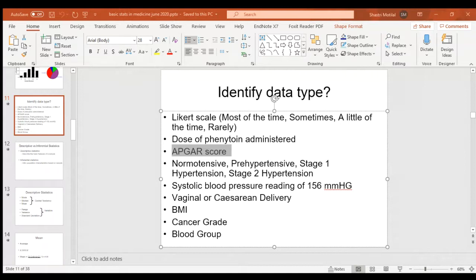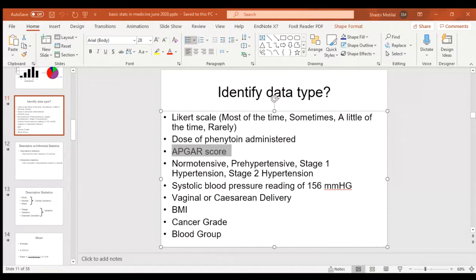So the question is, what kind of data would this be? This one might be a tough one because based on the definition I just gave of an APGAR score, you would tend to think, well, it's numbers, but it's numbers of what?